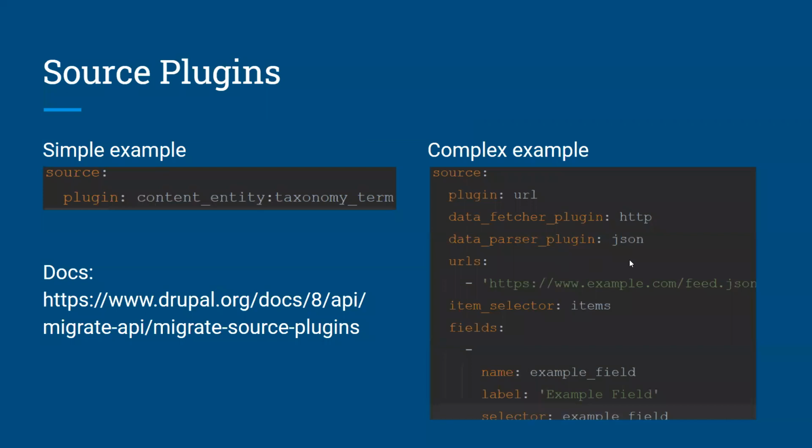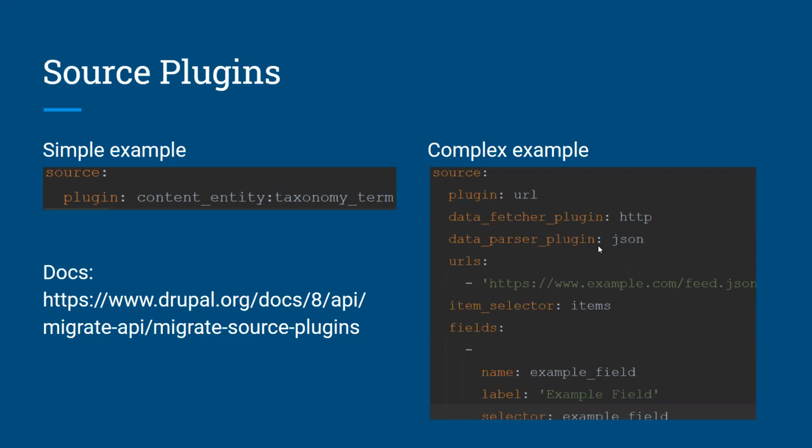Here's a more complex example that I adapted from a migration that I wrote. This is the one for importing the JSON data feed, and it depends on Migrate Plus and has a whole bunch more options. For this, I tell it that the plugin that I want to use is url. I can give the plugin a URL, which I supply down here. And it will go fetch that using its HTTP fetcher plugin.